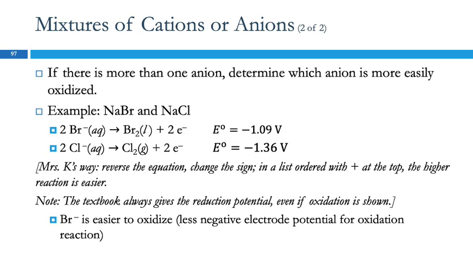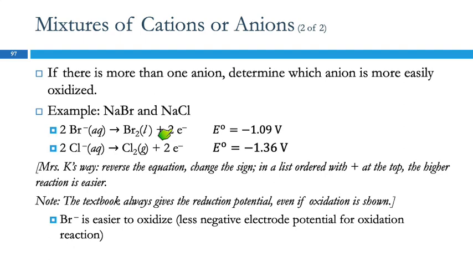I find the book's way of doing this to be ludicrous, if you ask me. So this is the way I think about it. I'm going to reverse the equations so that they reflect what I want to happen, or what is going to happen.